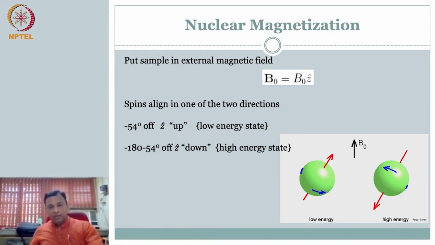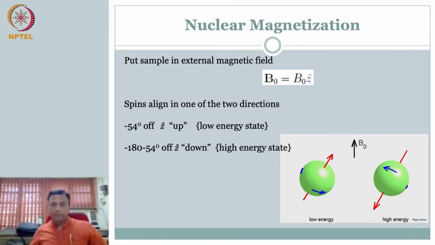If you have many of them and you supply B naught, then all of them are going to try to align either in the plus or up direction or in the down direction. Of course, nature has its preference, and therefore there is a small preference towards the up. Therefore, there are more spins in the up direction than in the down direction, and therefore the net magnetization is always in the up direction. There is a net non-zero magnetization along the direction of the external magnetic field.